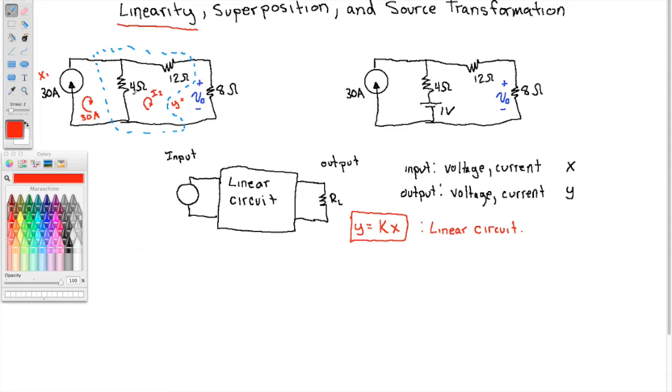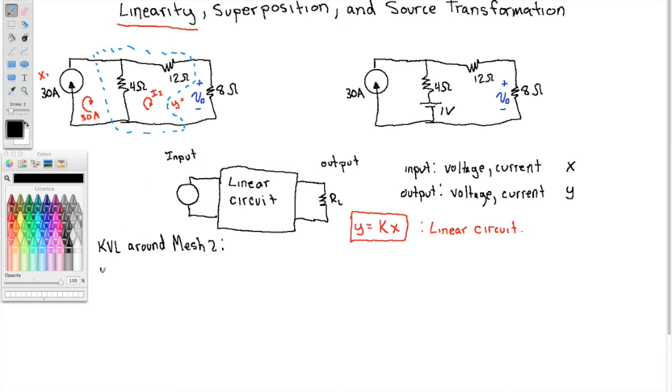So I just need one equation. If I do KVL around mesh 2, start here and work my way around. Okay, so I'll go this way.